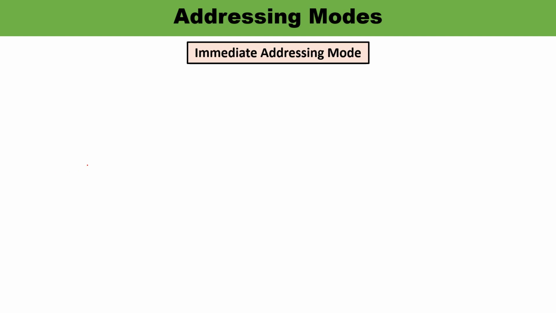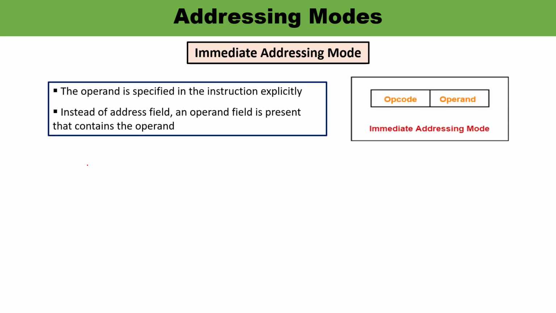Next is the immediate addressing mode. In this case, the operand is specified in the instruction explicitly. Instead of an address field, the operand is present, and the instruction contains the operand. Let me give you an example. Suppose you are writing add 10.